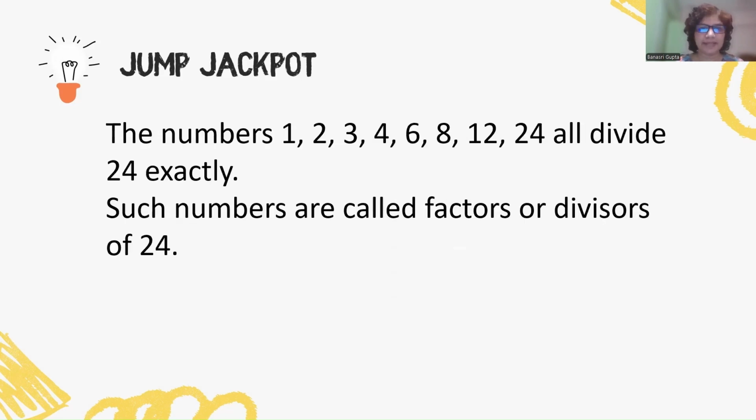For 24, the numbers 1, 2, 3, 4, 6, 8, 12, 24, all these numbers divide 24 exactly. They don't leave any remainder when you divide 24 by all these numbers. So these are called factors or divisors of 24.